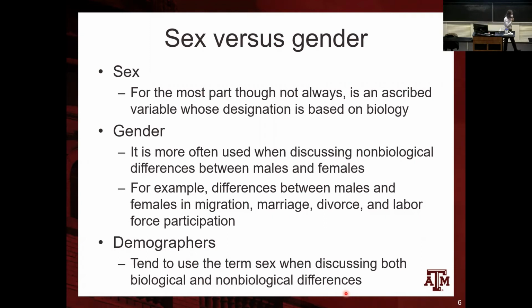And then comes a little bit of this discussion between sex and gender. Sex is this characteristic based more on biology, and with gender, the idea is that I want to know if there are differences between men and women related to non-biological factors, right?